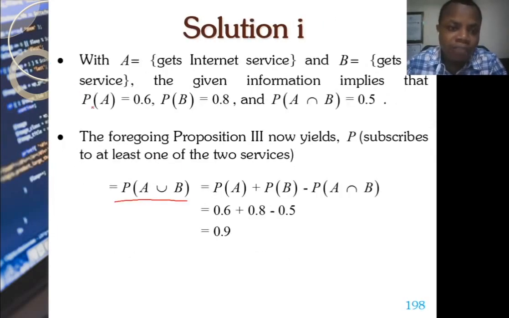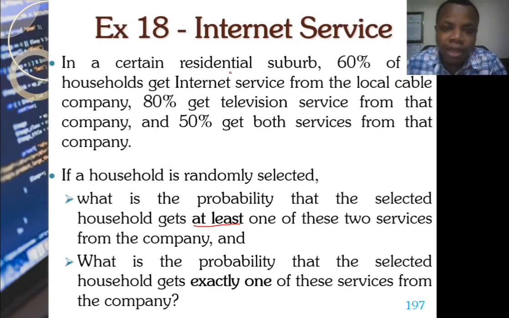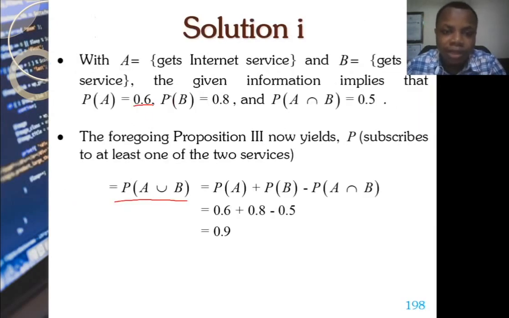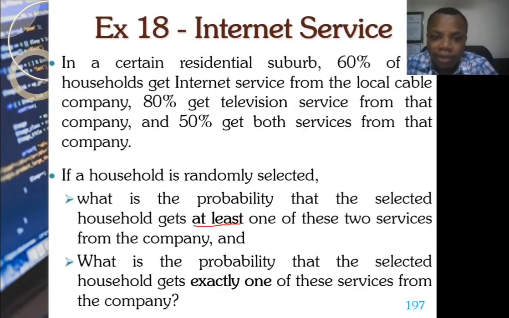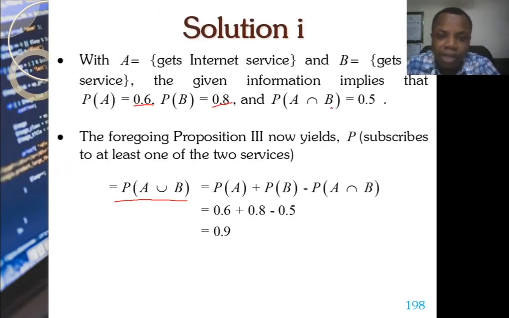So we have the probability of A equal to 0.6. In the case of the television service, 80% get theirs from that same company, so the probability of B, the household getting TV service, is 0.8. And remember from the last one, 50% get both services from the company. So the probability of A intersection B is 0.5, referring to 50%.